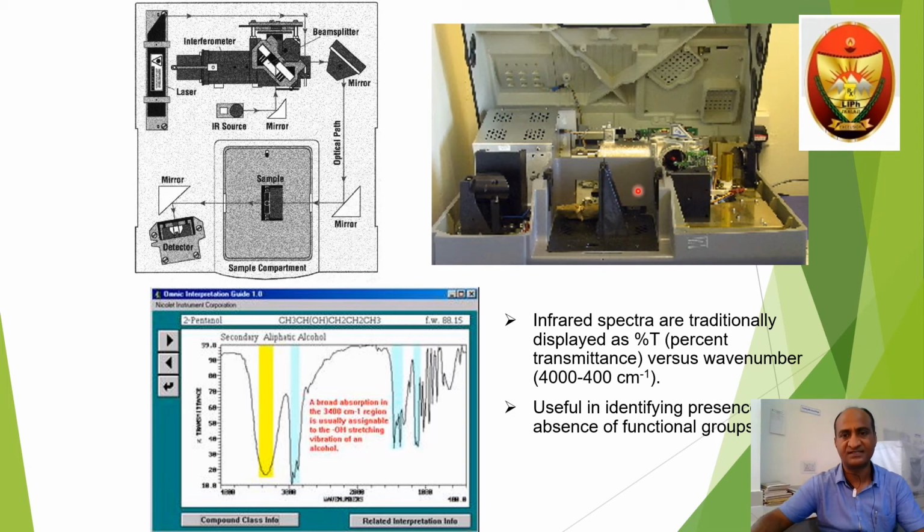This is the sample compartment where we can use either a KBr unit or the ATR unit, and this is the detector. So this is the instrumental part, and the spectrum I have already mentioned to you. On the y-axis we take percentage transmission, and on the x-axis we take wavenumber, and this is how the spectrum looks.